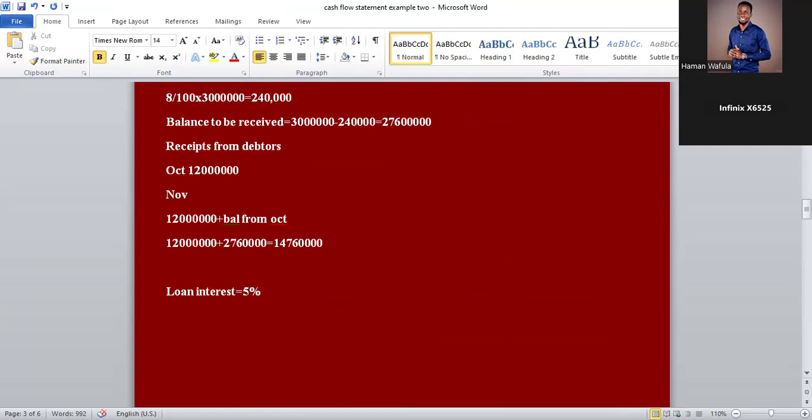For example, for the first month, which is November, our interest is going to be 5/100 times the loan principal, which is 6 million, and we shall get 300,000.